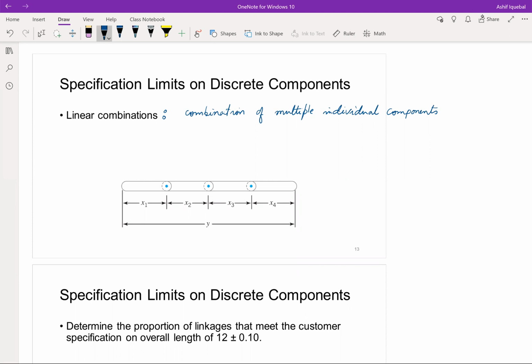Let's say each of these individual components has dimensions x1, x2, up to xn. The dimension of the resulting component, let's say y, will be nothing but the sum of these individual components, up to xn.